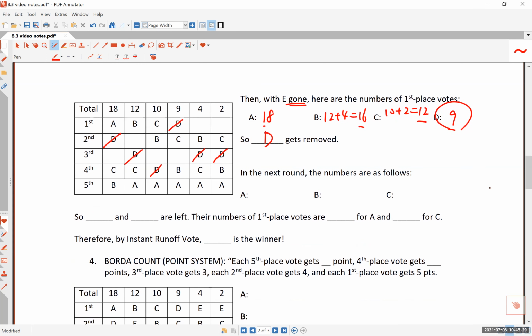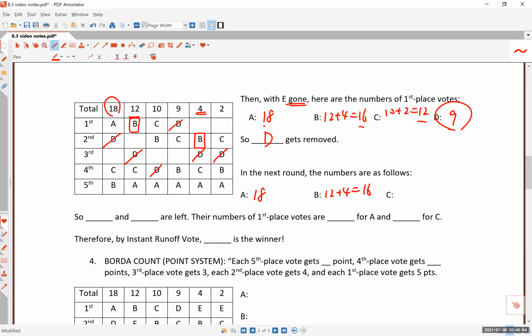How many first place votes does A have? A only has 18, right? How about B? B has the first place votes in this column, and B still has this column here, so that's 12 plus 4, which is 16.